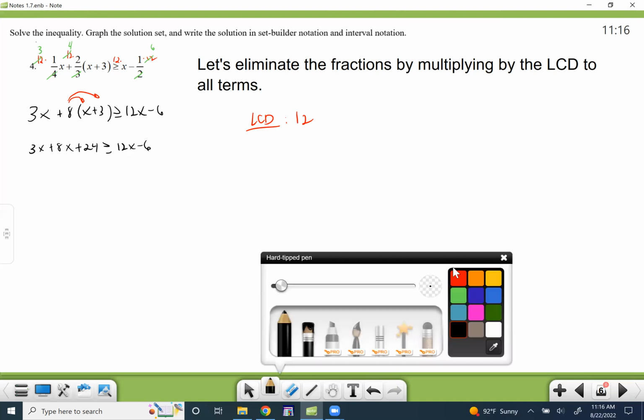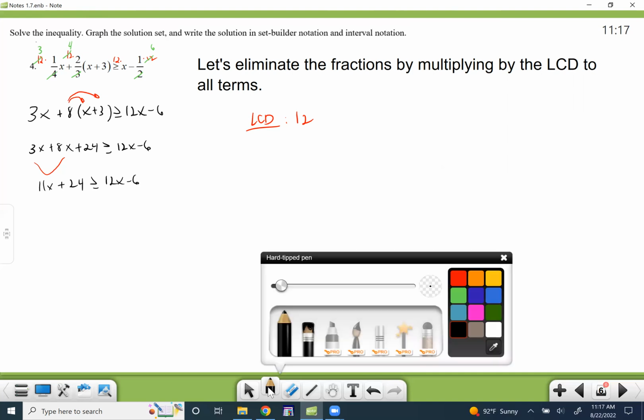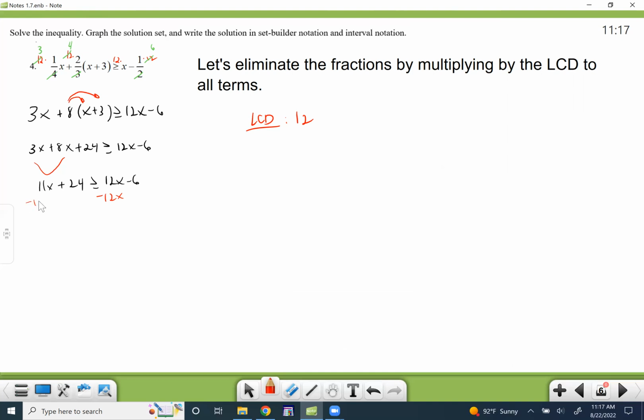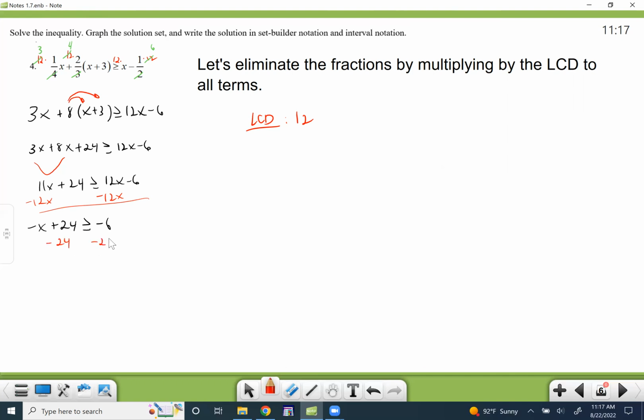Let me go ahead and combine the like terms. You got a couple of x's over here. So 11x. Let's just do the variable on the left again. So I'd have to move the 12x over. Minus 24 to both sides.